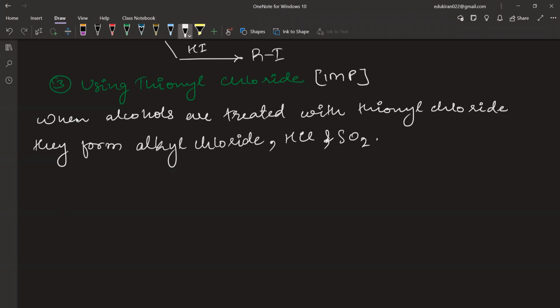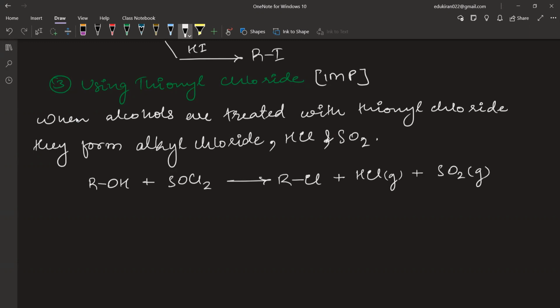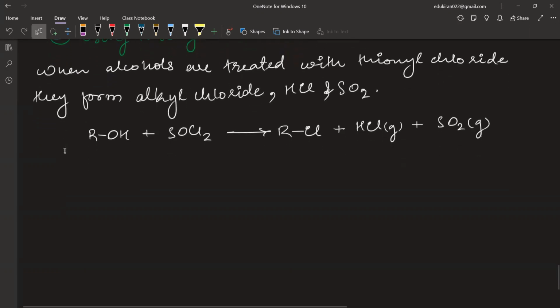Okay, so what is the reaction? ROH plus SOCl2 is going to give me RCl plus HCl. This is going to be a gas, and you will be getting SO2, which is also a gas. Why are the byproducts important here? Why have I written the byproducts even in the statement?